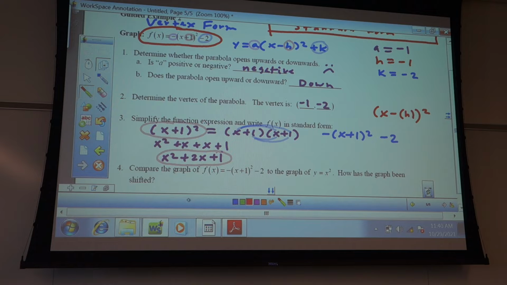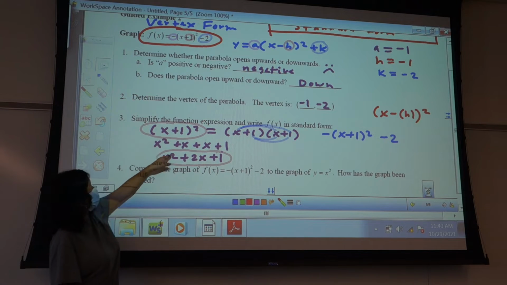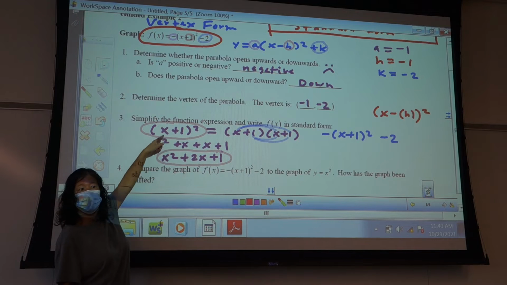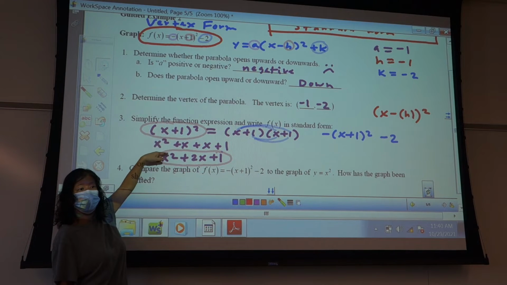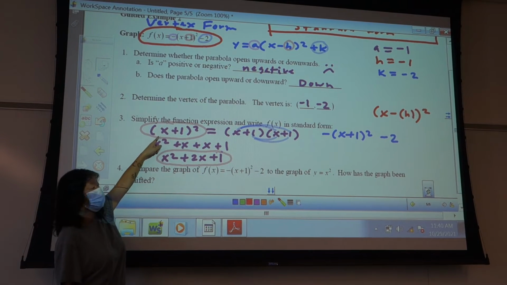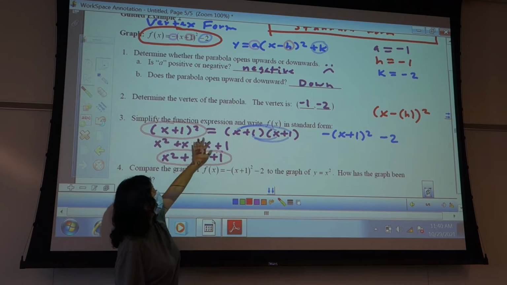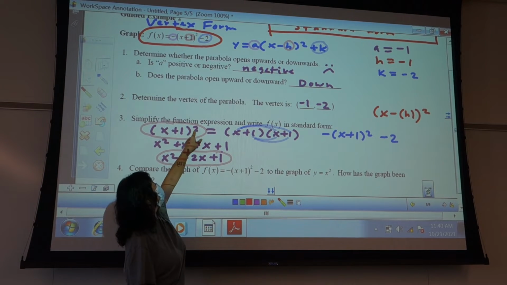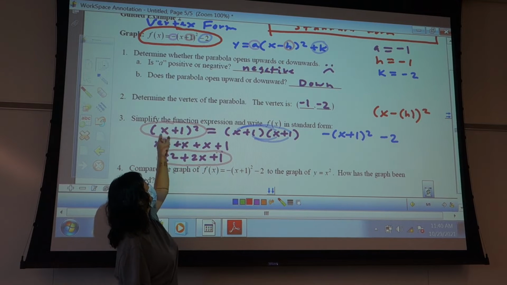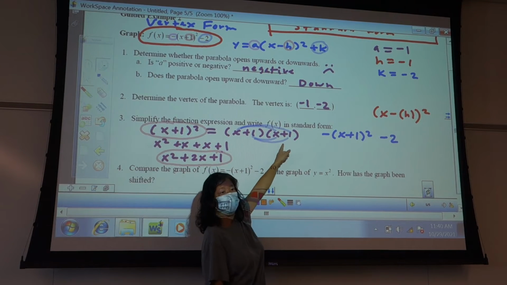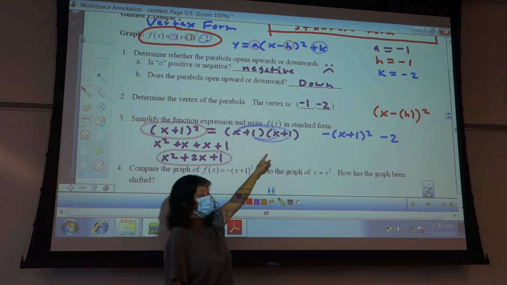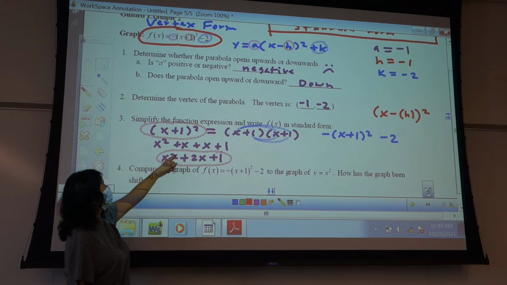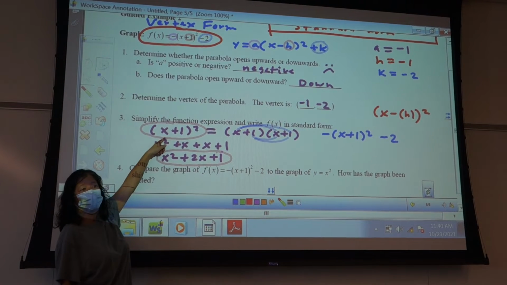X plus 1 squared. Does everybody agree with me that this and this are the same thing? Yes or no? We took this, this is x plus 1 squared. So squared means you take whatever is inside of here, you multiply it by itself. And then we did that, and we got this. So these two are the same thing.